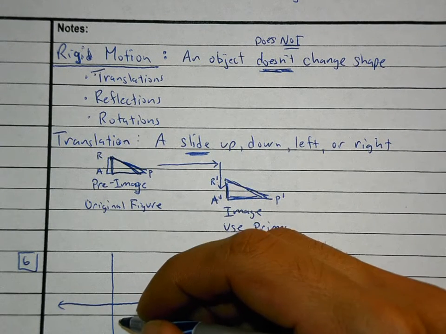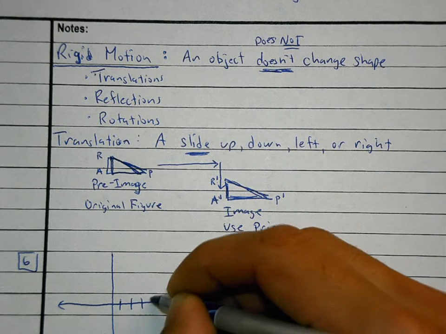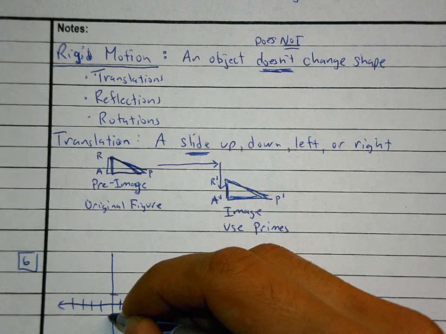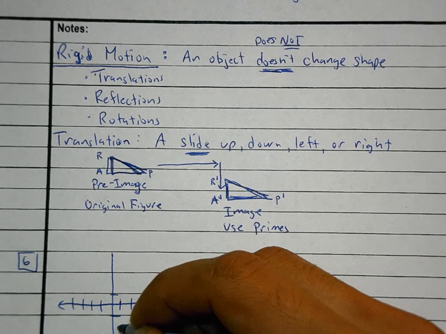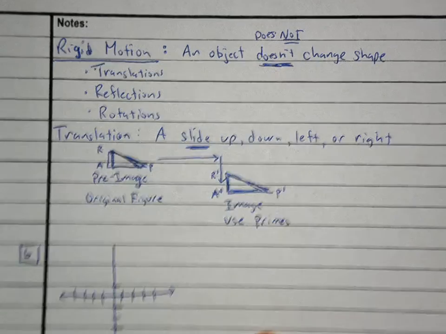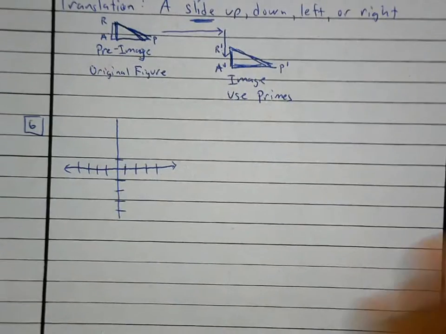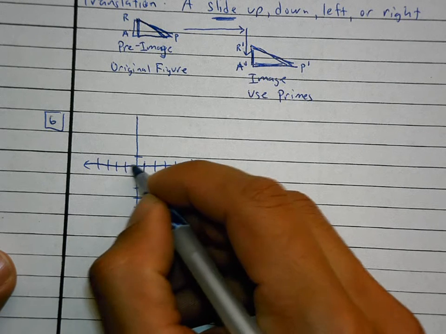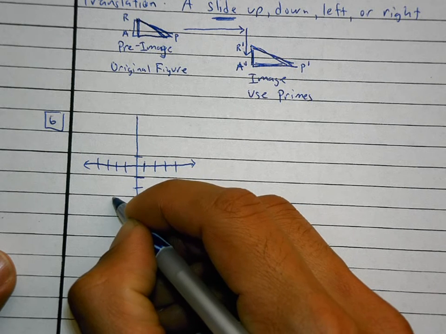Let's go 1, 2, 3, 4. 1, 2, 3, 4. 1, 2, 3, 4. 1, 2, 3, 4. Oh, you can barely even see that. So let me move that up a little bit. There we go. And -2, -2, 1, 2, 3.